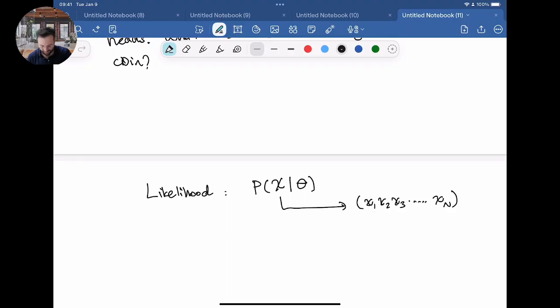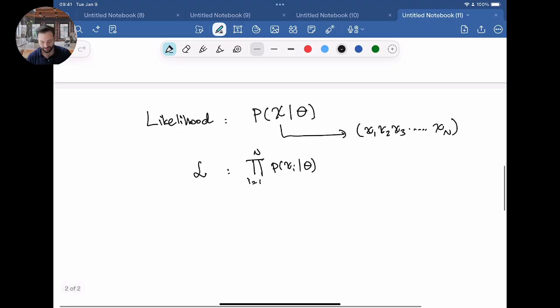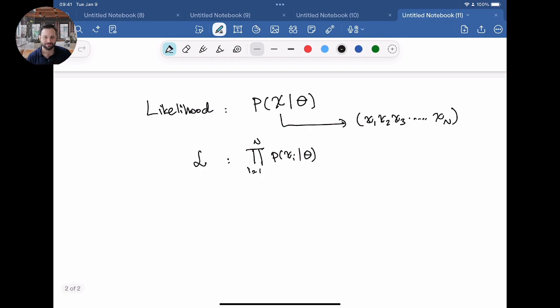Since they are independent, I can write the likelihood, using this script L, as the product for i equals 1 to capital N of the probability of x_i given theta. That's simple. With my model in hand, I now have a likelihood which is a function.